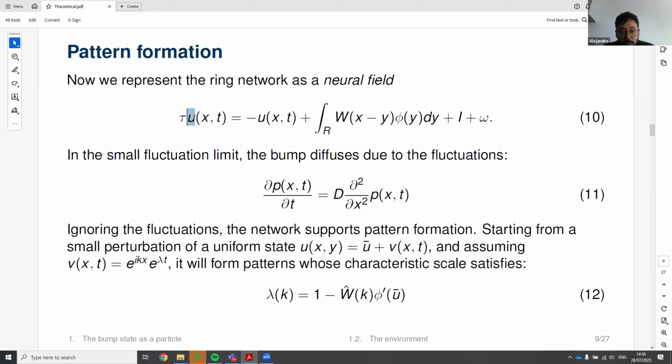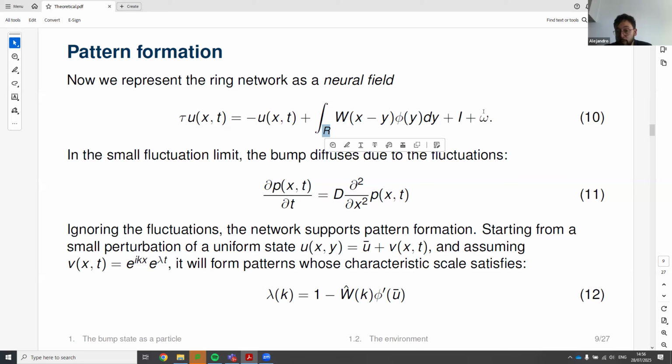It's essentially the same, it just becomes a partial integro-differential equation. Again, I made a mistake here. This should be the time derivative. And x, for example, could represent some continuous variable, which is commonly assumed in the ring attractor literature to be the angle. And then this domain is essentially the circle, the one-dimensional circle.